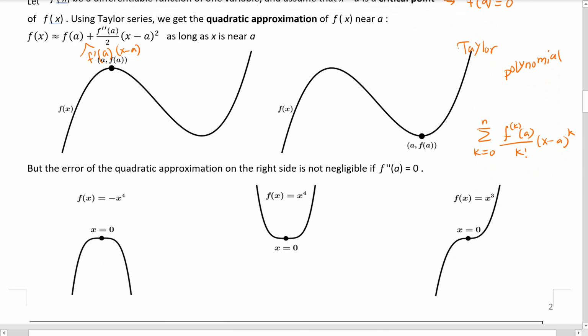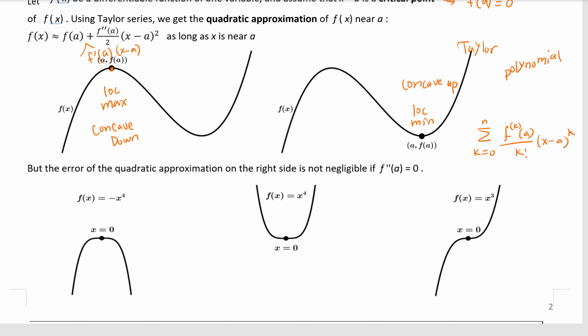Now we can look at this term. Look at this point: you can see this point is a local maximum, and the shape is concave down. And this is a local minimum, and the shape is concave up.